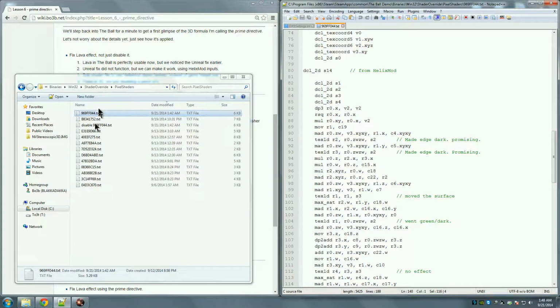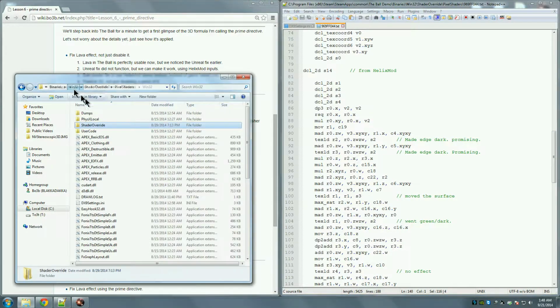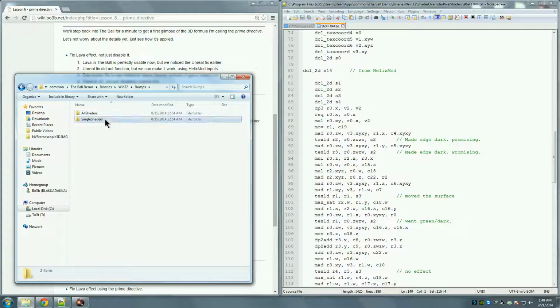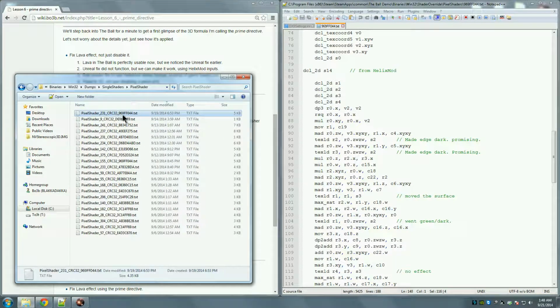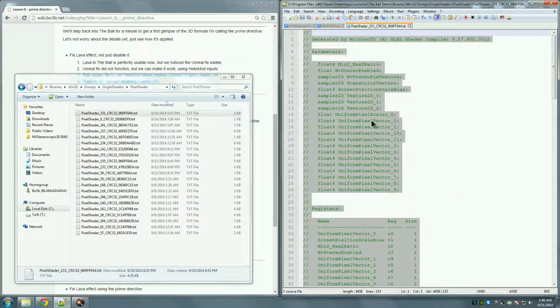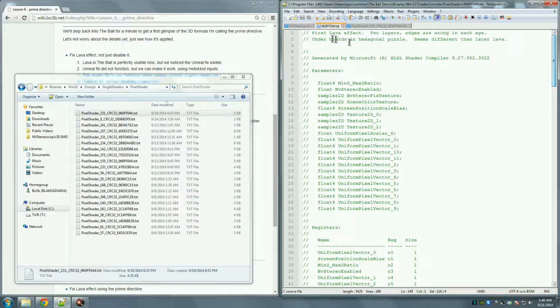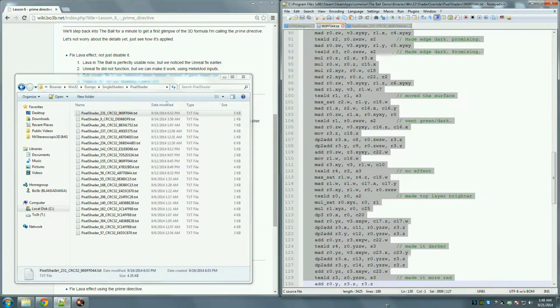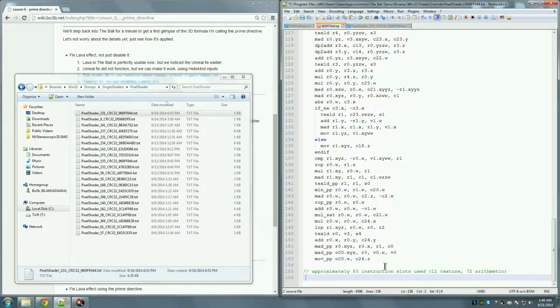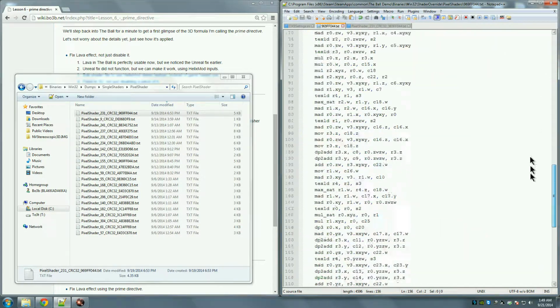So I'm going to go back to the original version, which is still in our dumps folder in the single shaders, pixel shader, and it's 969FF, which is the right one. Here's our code. I'm going to copy and paste this code. If you care about your comments and all of the pieces that are in here, you should save them, of course. Since I've already got them saved, I'm going to select all the code and replace it. So now we're back to the original shader with no changes other than a comment at the top.